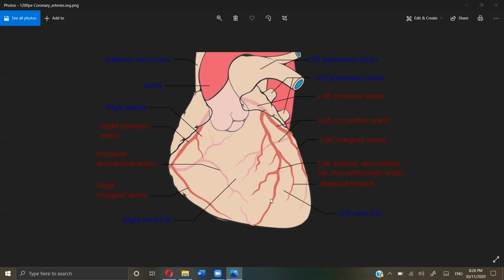Now, if you see any occlusion here, for whatever reason, thrombosis or atherosclerotic plaque in this vessel, or your left anterior descending artery is stenosed, you will see in your ECG that your MI will be anterior wall, and to some extension septum.